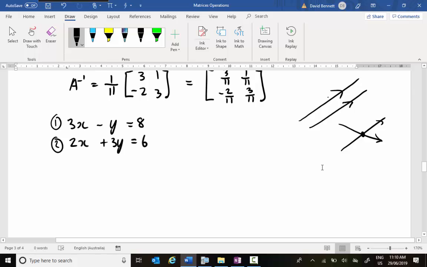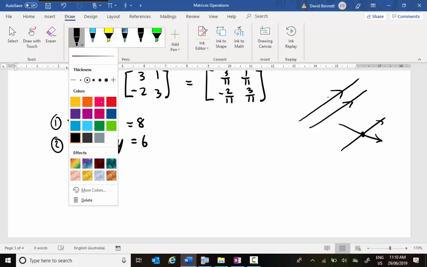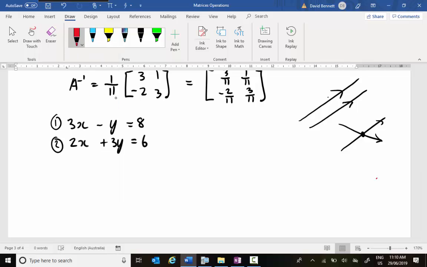But today I'm going to show you how to use your inverse matrix and that concept to try and find the actual answer. I'm going to do some matrix algebra first, and it's like normal algebra.